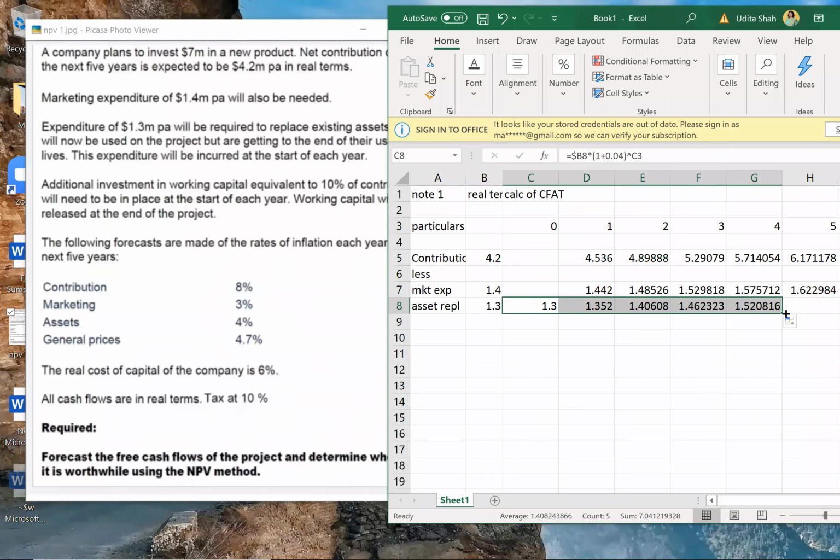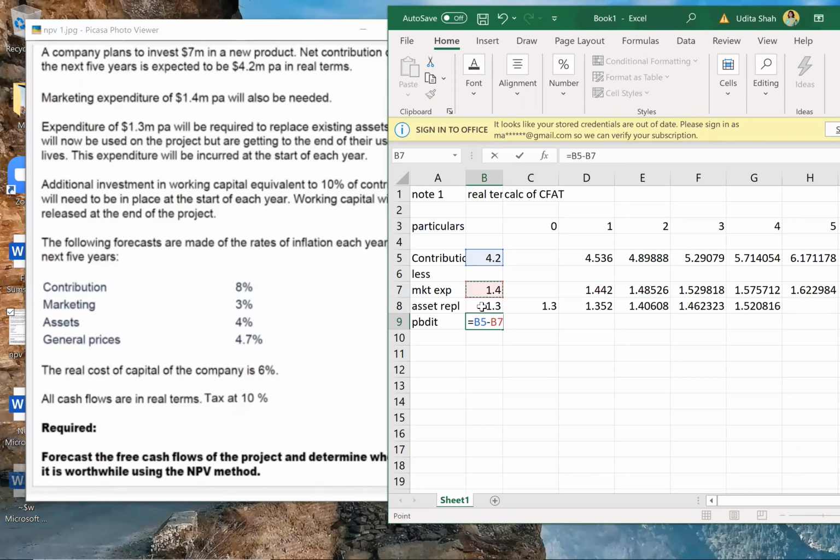So that is my asset replacement expenditure. Contribution minus fixed cost I have done. Therefore, I'll get PBDIT, profit before depreciation, interest and tax. So that is equal to this minus this minus this.